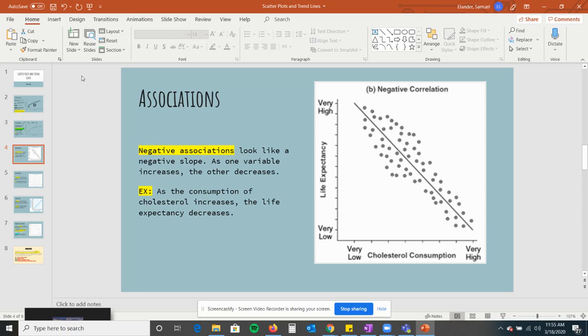All right, let's look at this next one, negative associations. So negative associations look like a negative slope. So if we were talking about, again, whether it's a linear equation or in this case, a scatter plot, negative associations look like a negative slope, so going down, right? As the x is increasing, the y is decreasing this time.